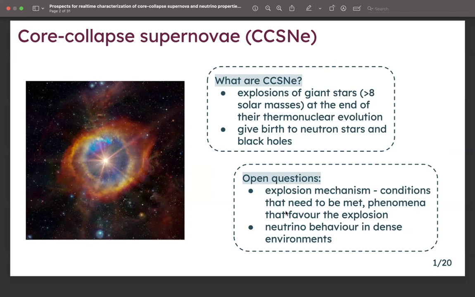In this context, there are still several open questions, most importantly about the explosion mechanism. What conditions need to be met to have an explosion, and what phenomena favor this? In addition, when a supernova happens, for some time a very, very dense environment arises, and this is interesting in order to see if neutrino behavior in these dense environments can be studied.